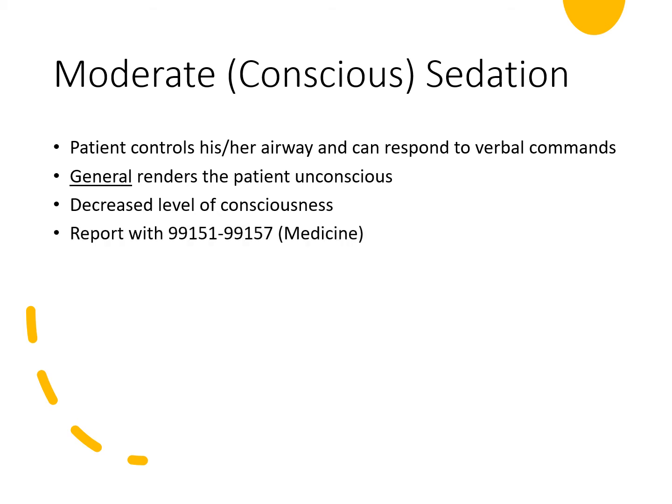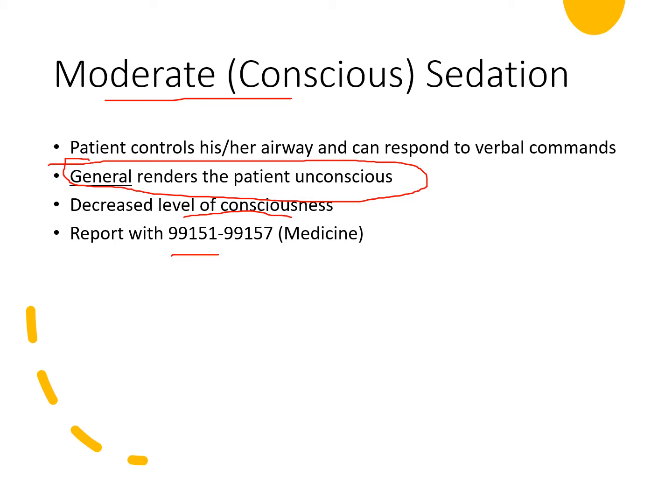With general anesthesia, the patient is going to be unconscious, where you can see right over here. So with moderate conscious sedation, the patient is conscious, and we report those codes from the medicine section.